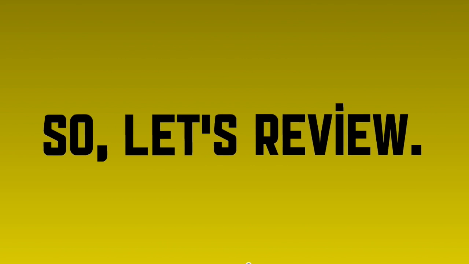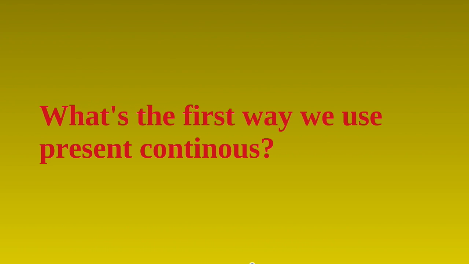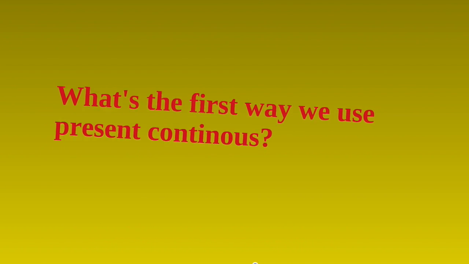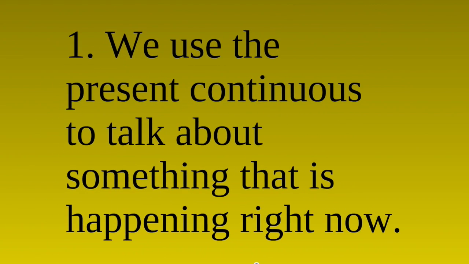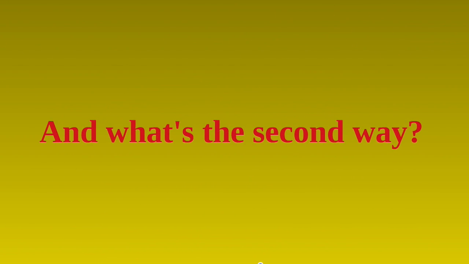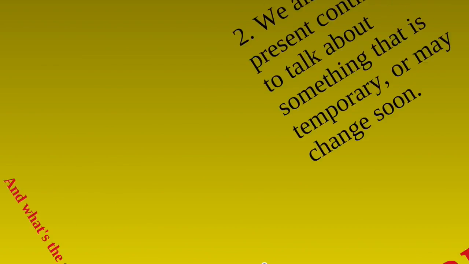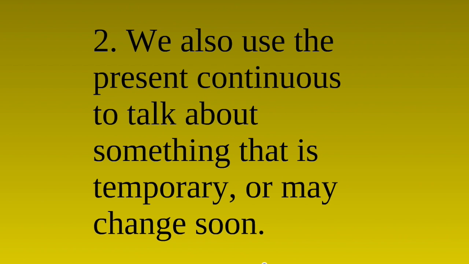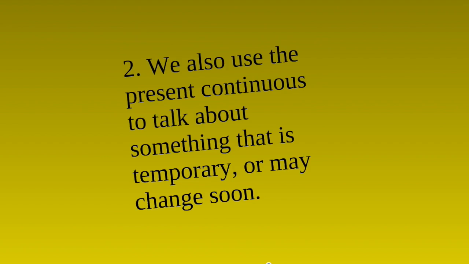So let's review. What's the first way we use present continuous? We use the present continuous to talk about something that's happening right now. And what's the second way? We also use the present continuous to talk about something that is temporary or may change soon.